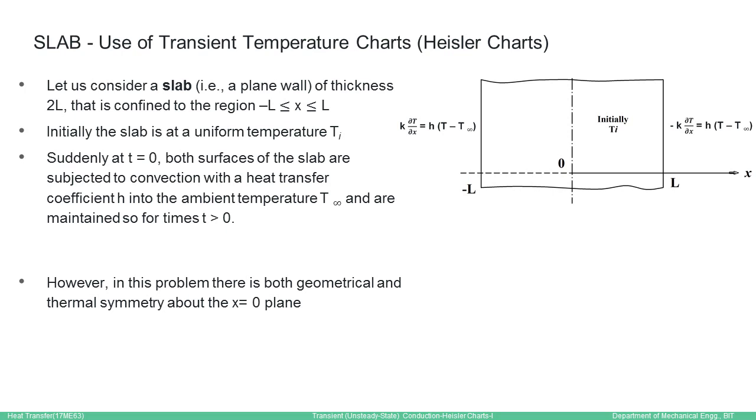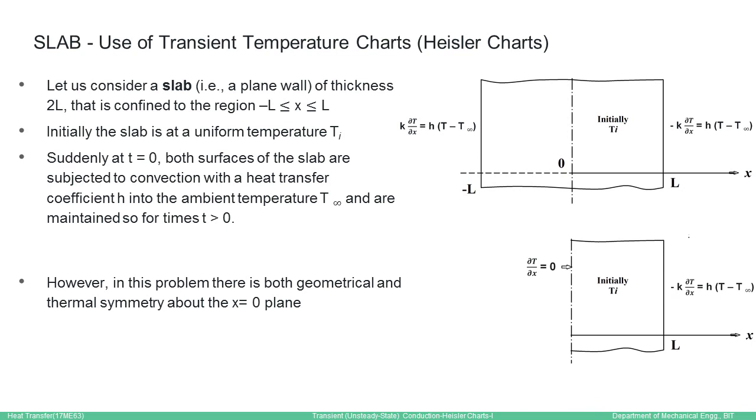However, this problem looks symmetrical both about the center line and also when it comes to the thermal conditions. That means both the surfaces are exposed to the same convective conditions. Because of this, we can simplify this problem into only half of the problem, which is about the symmetry.